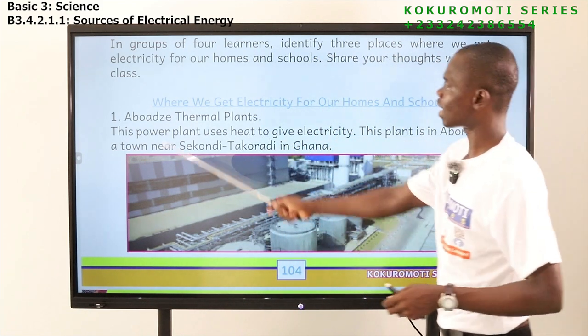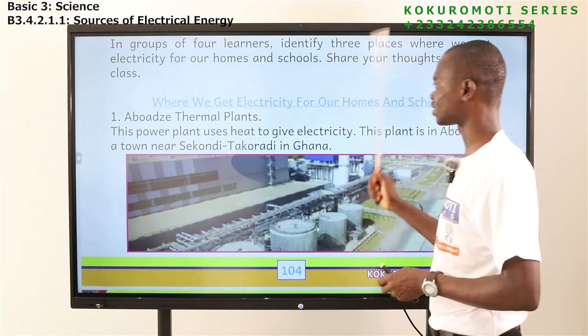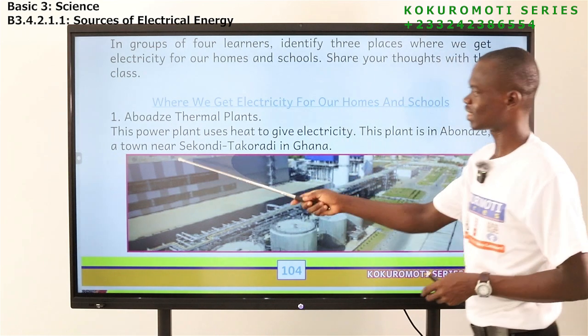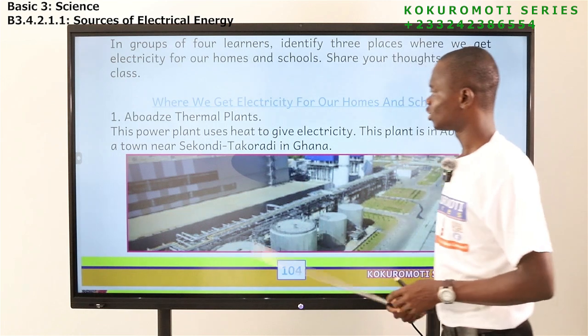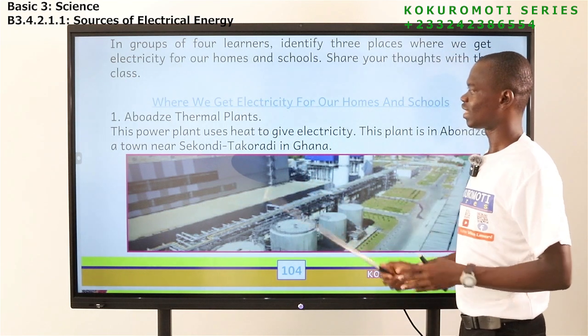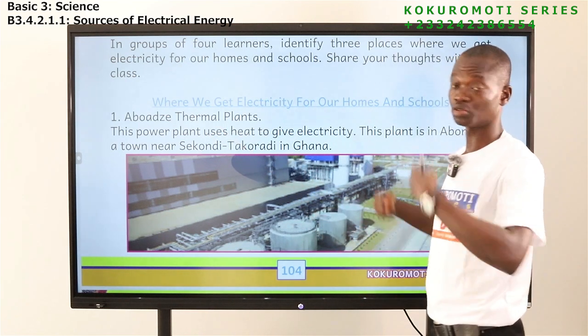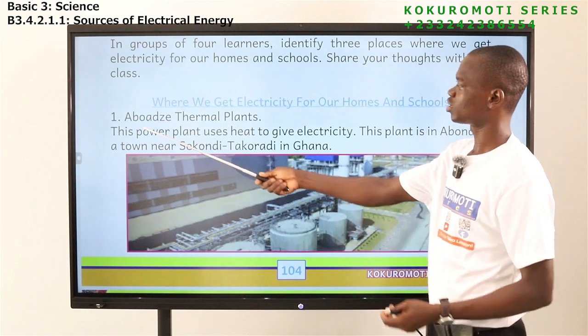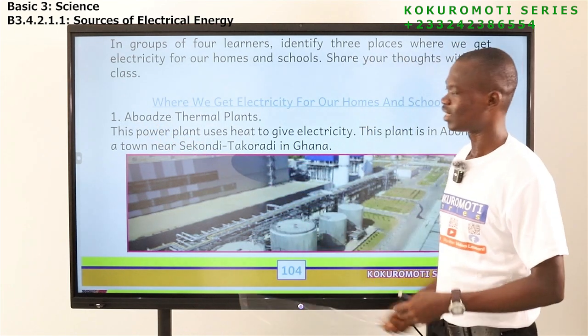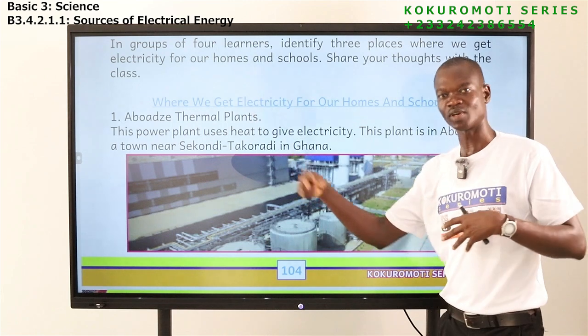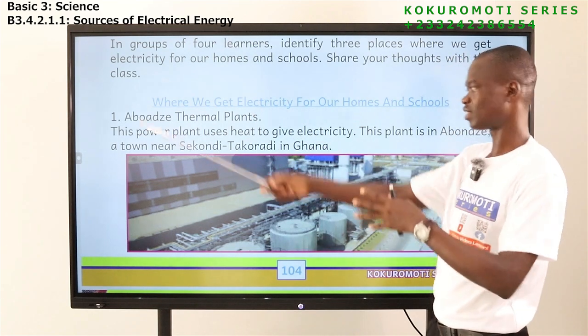Number one is Aboadze thermal plant. A thermal plant is a machine that uses heat to produce electricity, and this machine is located in a place called Aboadze. Aboadze is in the Western Region, near Sekondi-Takoradi.